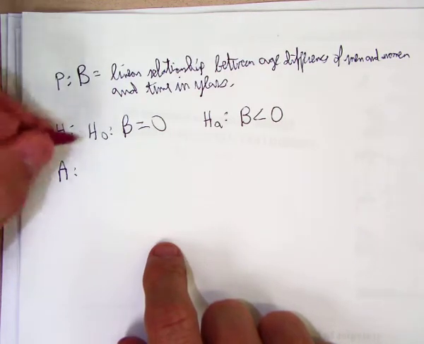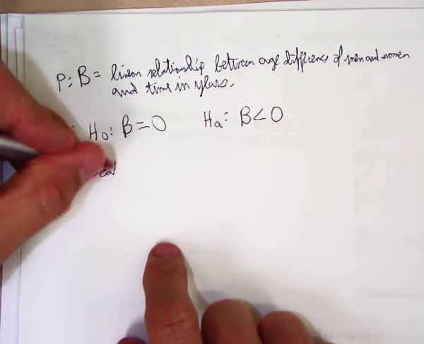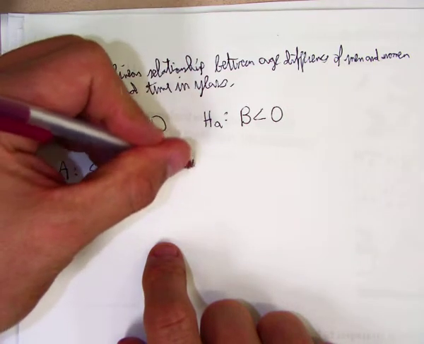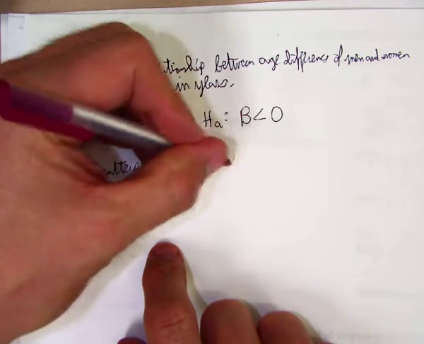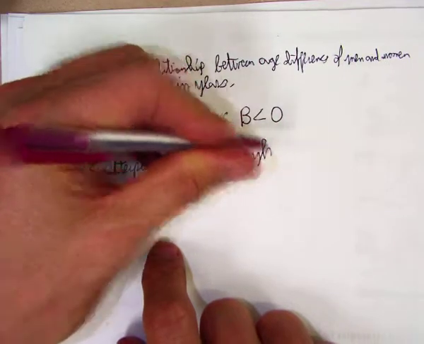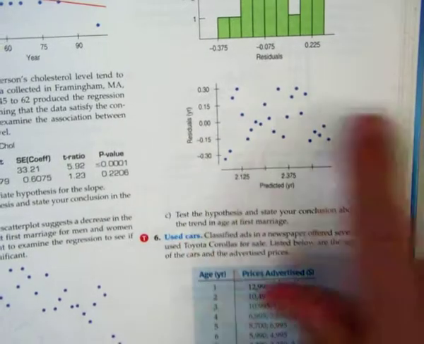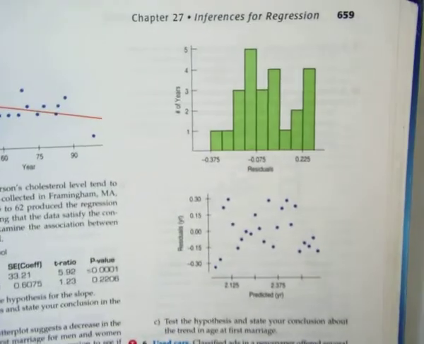The assumptions: the scatter plot is straight enough. Okay, then we have the residual plot. The residual plot's right here. There's no pattern.